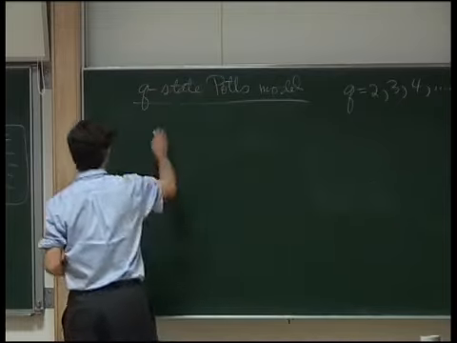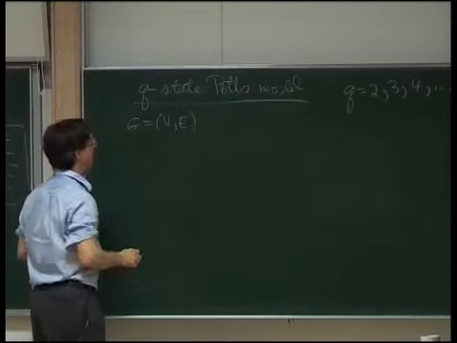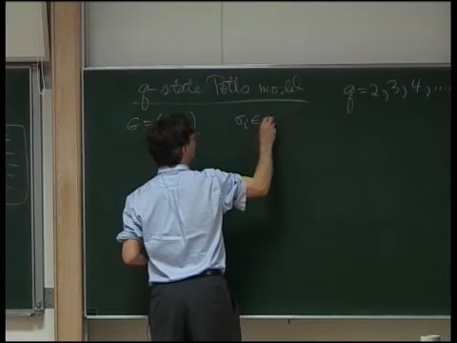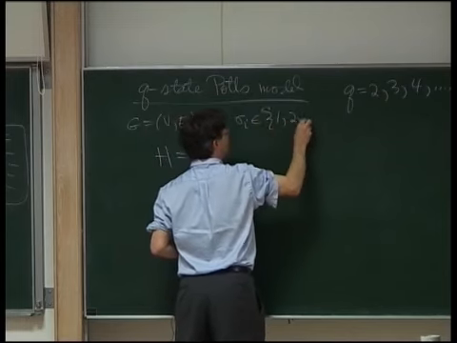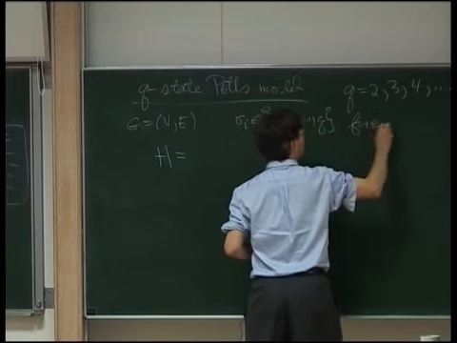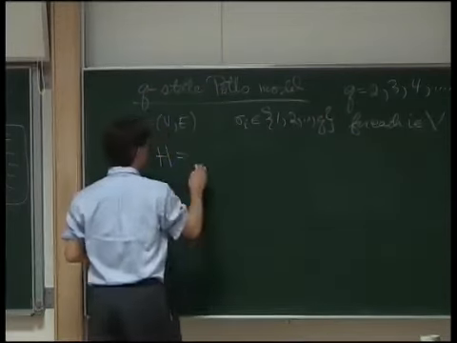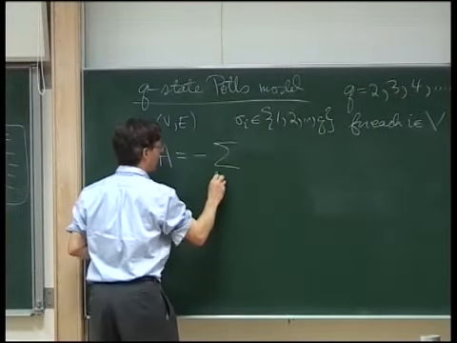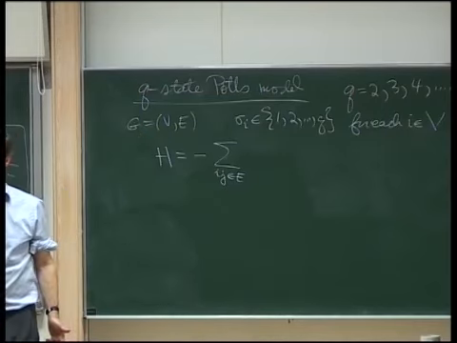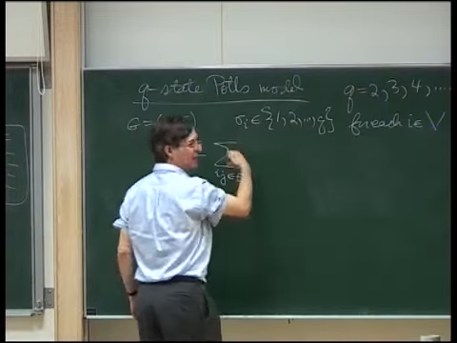So the Hamiltonian: I consider a finite graph again, and I have a spin sigma_i in the set 1 through Q for each vertex i. The Hamiltonian is minus the sum over edges ij. The graph doesn't have to be simple, but it might as well be simple, since loops and multiple edges are trivial.